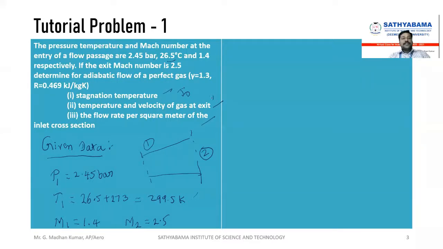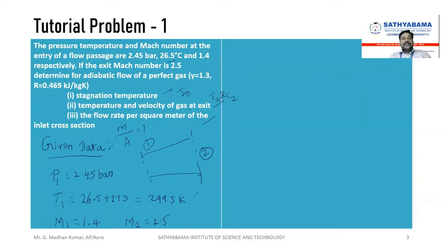So you have to find T2 and C2. And then the flow rate per square meter of the inlet process, this is m dot by A. So you have to find m dot by A, something like the flow rate per square meter, right?